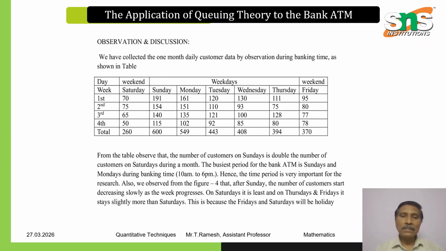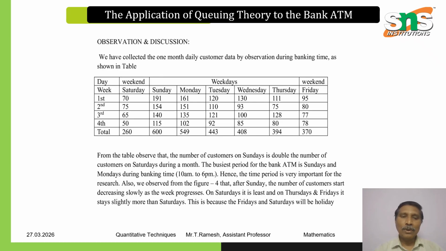We collected one month of data here. In the first week: Saturday 70, Sunday 191, Monday 161, Tuesday 120, Wednesday 130, Thursday 111, Friday 95, and in the second week Saturday 75, Sunday 154, and so on up to 4 weeks.